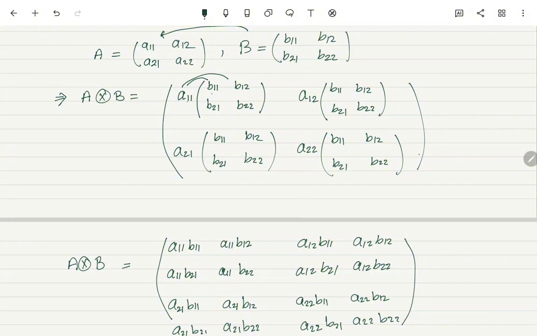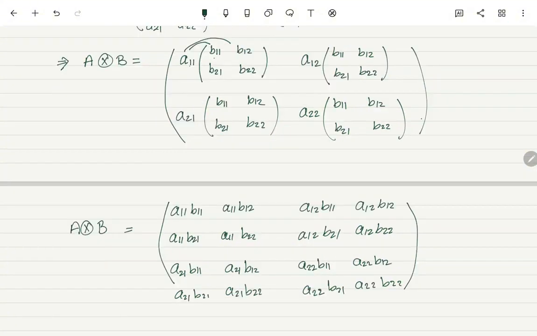And note number 2: if A is a 2 by 2 matrix and B is a 2 by 2 matrix, the resultant direct product of A and B will be 4 by 4, or in other words 16 elements.